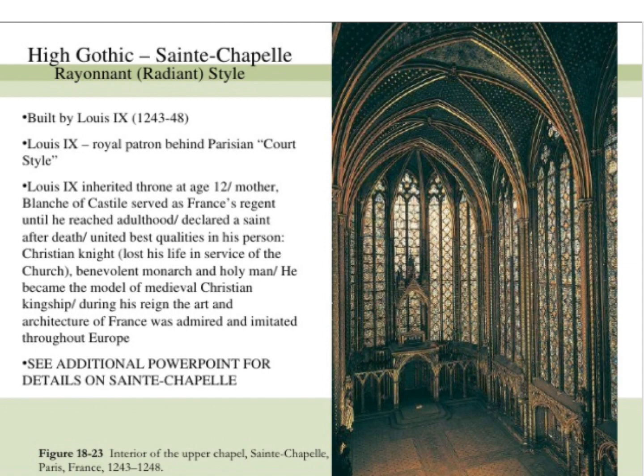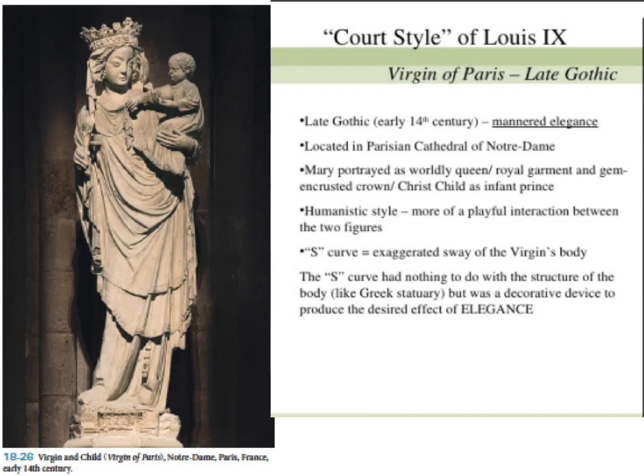Okay, so look at your book on the Church of Sainte-Chapelle. I don't feel like I've communicated really well to you the different stylistic features of the Rayonnant style. So use your book as a supplement here. This is the court style of King Louis IX. You can see that the sculptural image of the person has become very naturalistic.